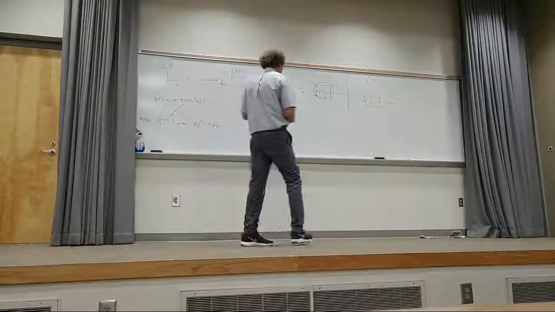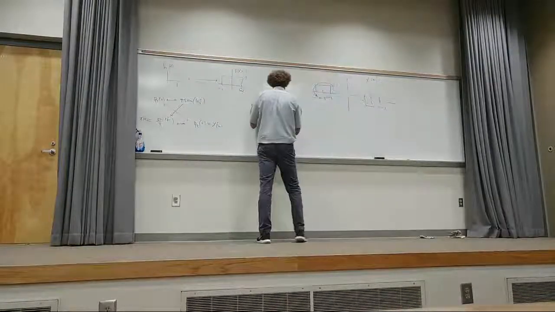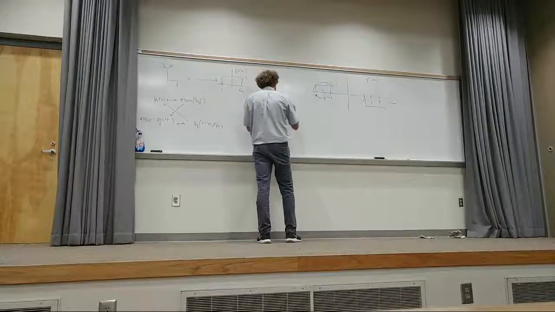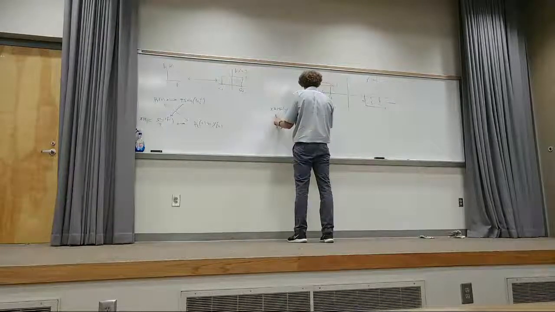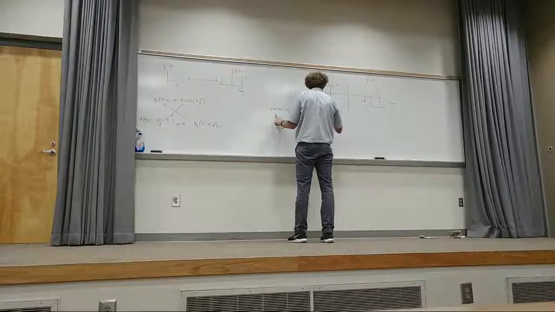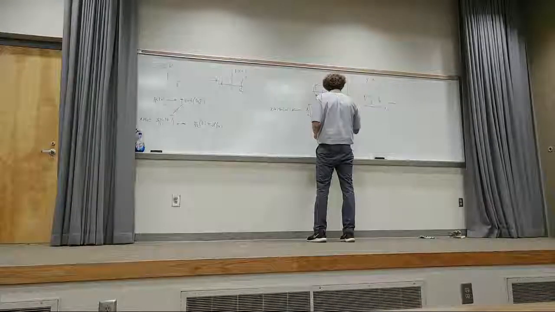Now, what do we know happens if I have x of t times the sine of omega naught t? I just did this, I did the cosine. That goes to j over 2, quantity x of omega plus omega naught minus x of omega minus omega naught.